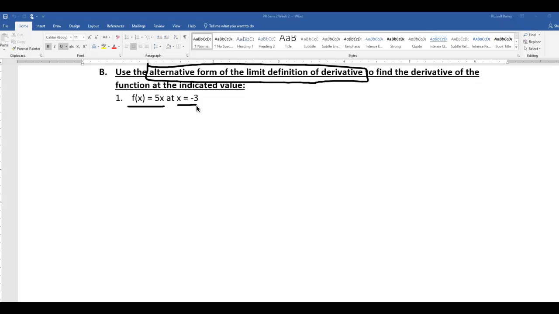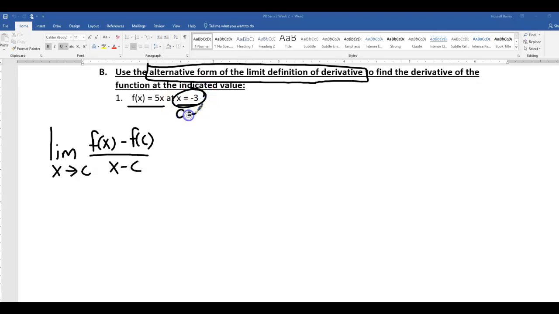You could do that with the other one too. It's just that the alternative form lends itself quite nicely to that. It looks like this, where c is the number that they're asking you to plug in for x. So my c value in this case is -3. So this is going to look like the following.